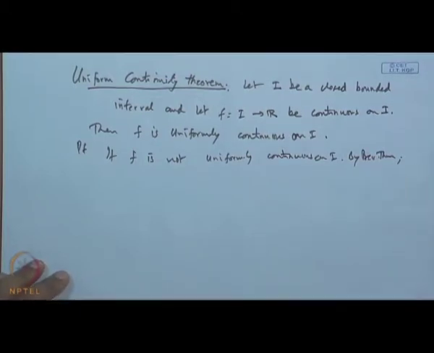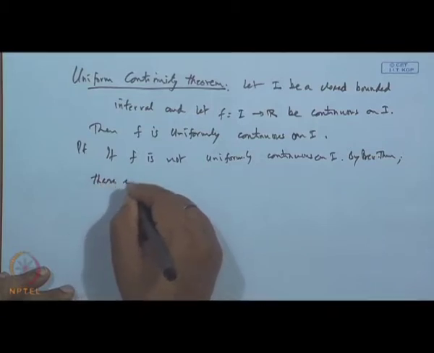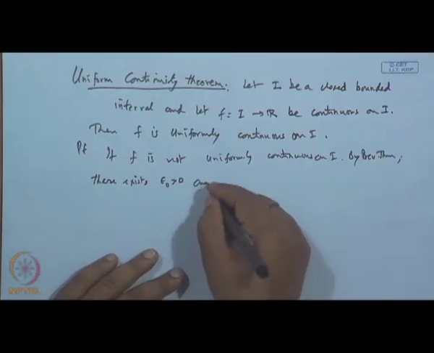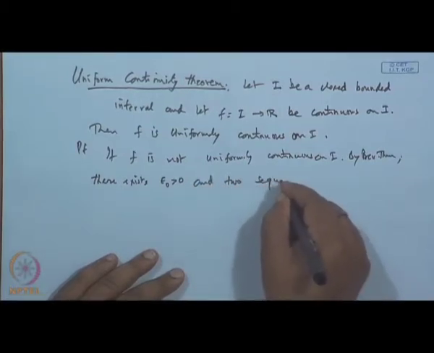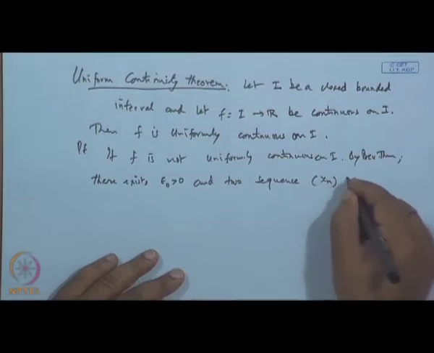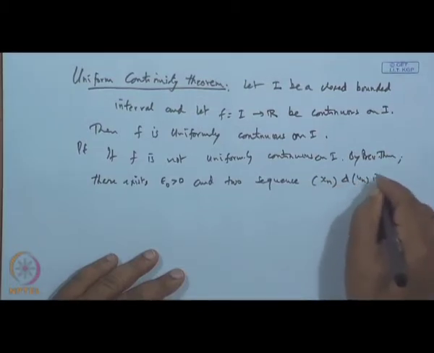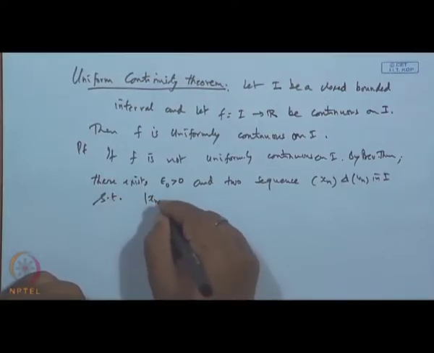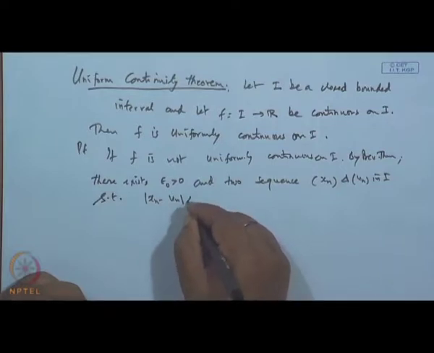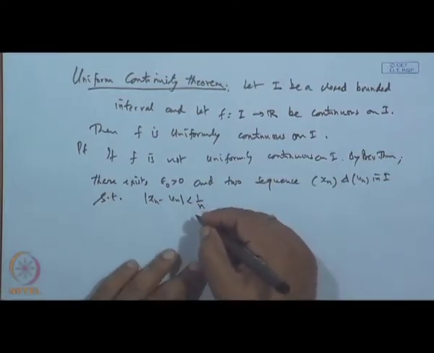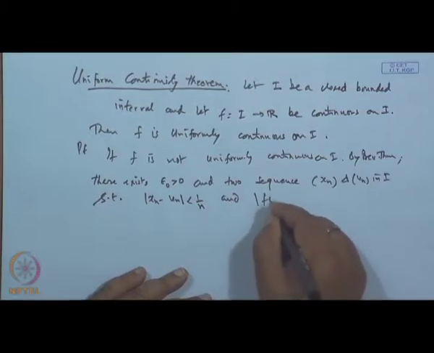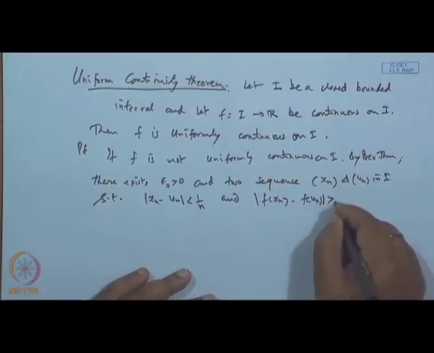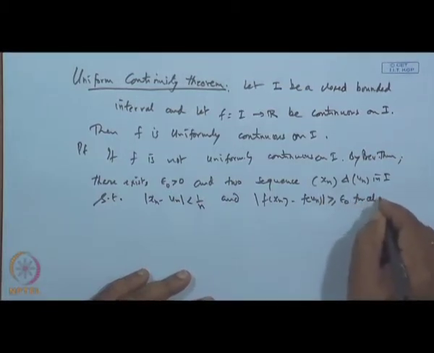Then there exists an epsilon naught greater than 0 and two sequences x_n and u_n in I, such that the limit of their difference is going to 0, meaning the difference is very, very small, say 1 by n, but the modulus of f(x_n) minus f(u_n) exceeds this epsilon naught for all n.